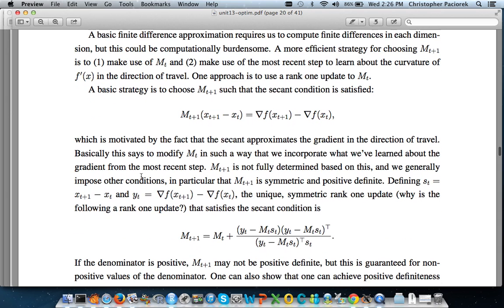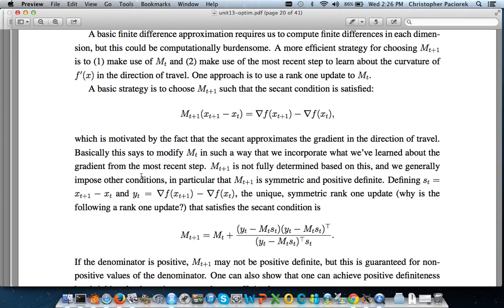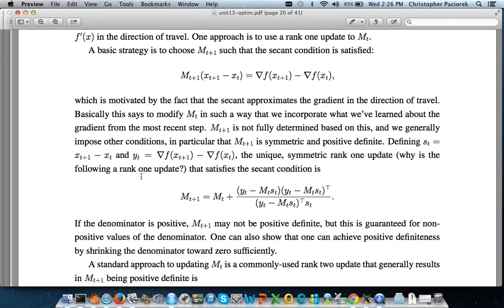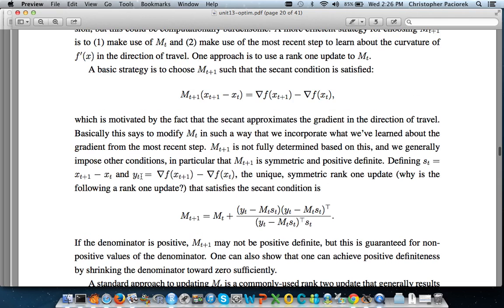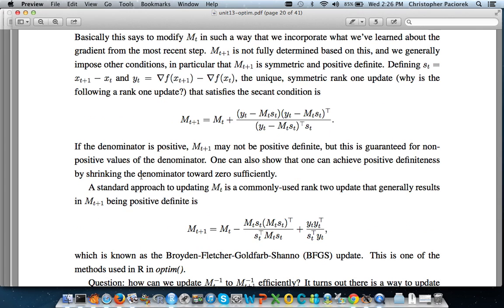So that's a loose interpretation of what this secant equality means. And so the idea is to update my mt to a new mt plus 1 in a way that satisfies this, which means we're taking account of the information we've learned from having done one of these steps, that we've learned something about the change in the gradient relative to that change. Let me step back a second.